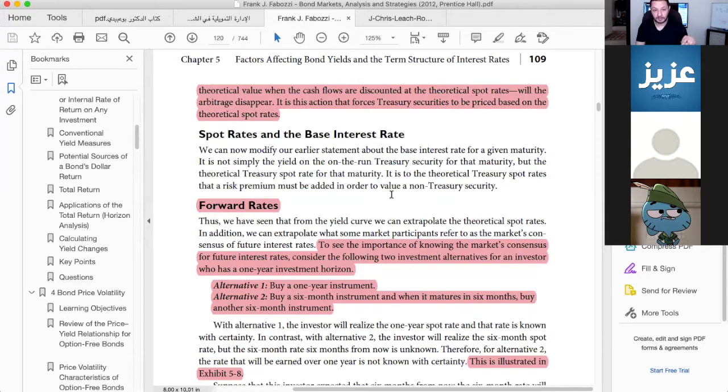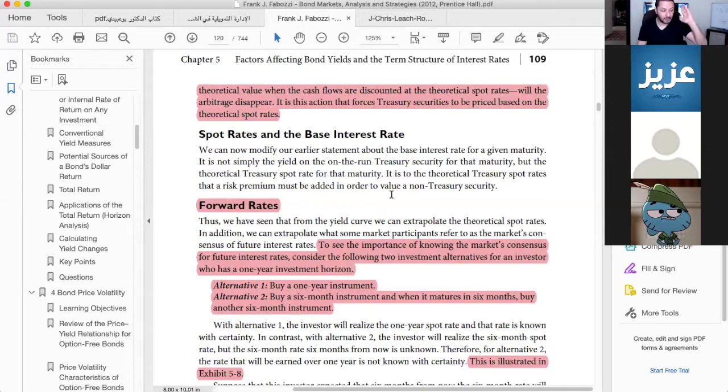The second alternative is to invest our money in a treasury bill for 6 months, then to renew the investment for the remaining 6 months. So both of these two alternatives have 1 year of time horizon. But the first one is one shot.